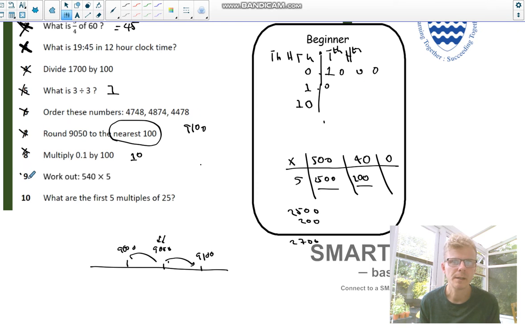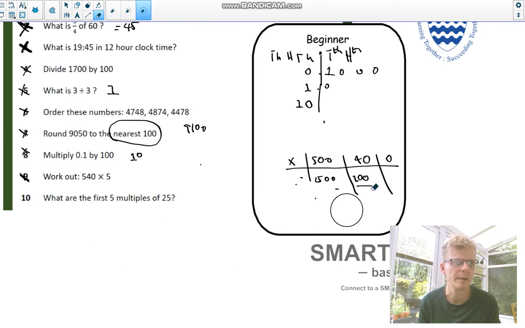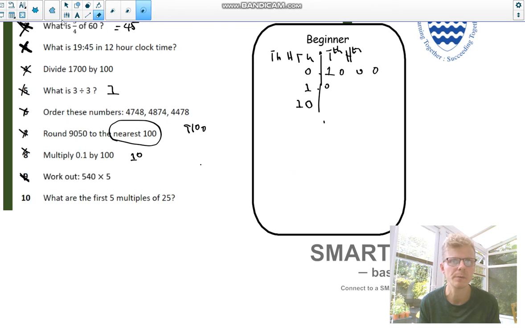Okay, and then finally question 10. What are the first 5 multiples of 25? So again, we did multiples in the previous videos, so that is just the numbers in that times table. So our first multiple of 25 is 25 times 1, which is 25. And then with any times table, we can simply add on that number to get to the next one.